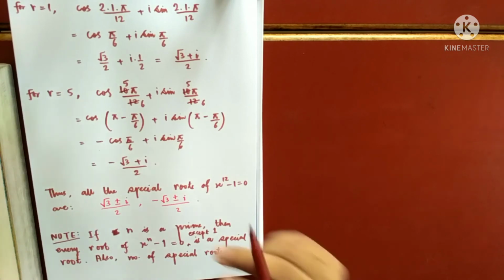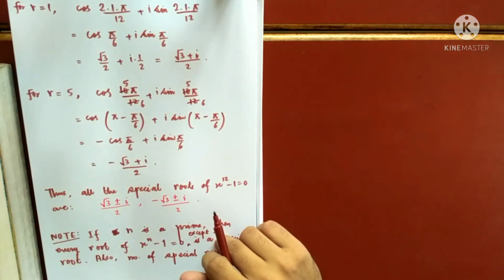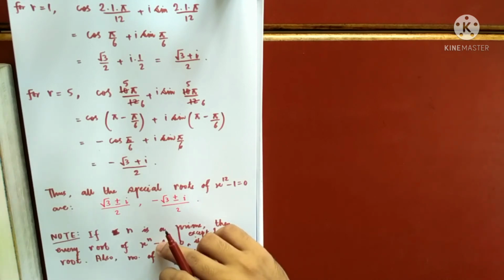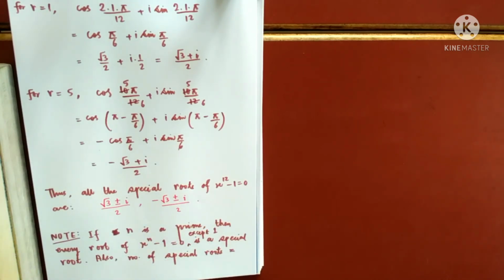Why? Only 1 is not a root, no? Only 1 is not a root, and the rest are all special roots. So this can have a maximum of n roots, and 1 is not a special root. That means n minus 1. So in this case, the number of special roots will be n minus 1.